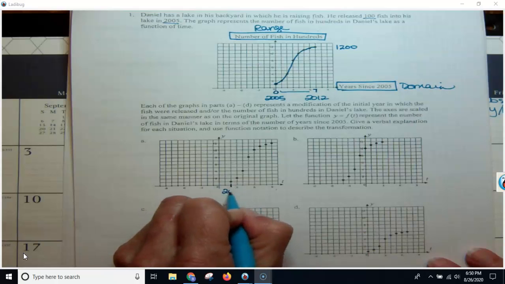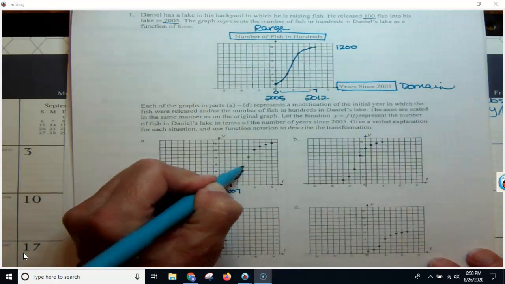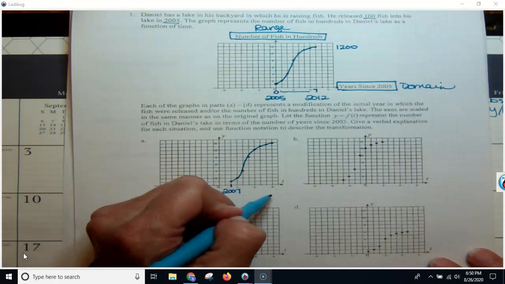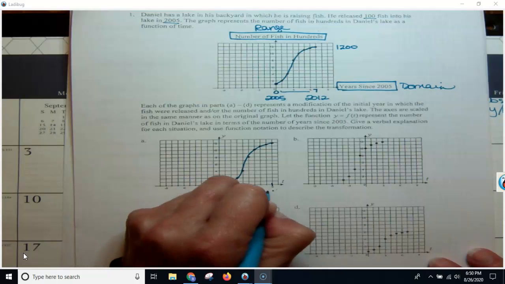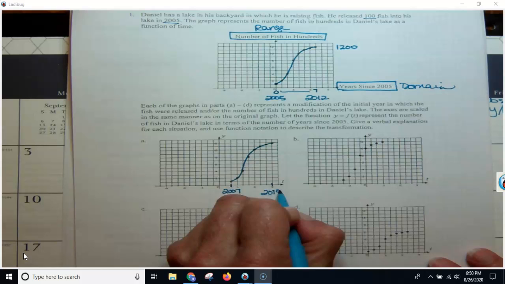So that would be 2007. And it's basically grown the same exact way, except this is 9. So this is still a span of 7 years. So this would be 2019. No, wait, I'm sorry, 2014.